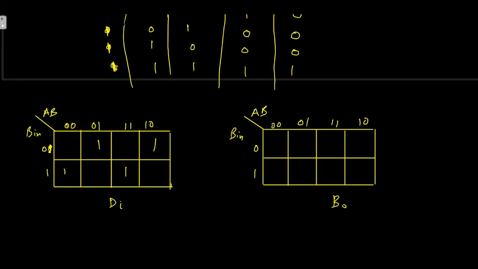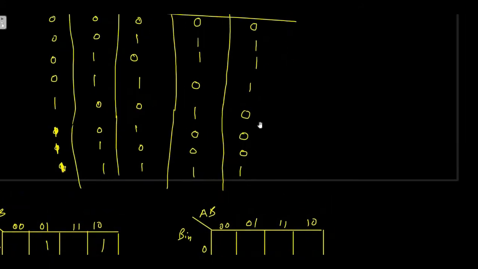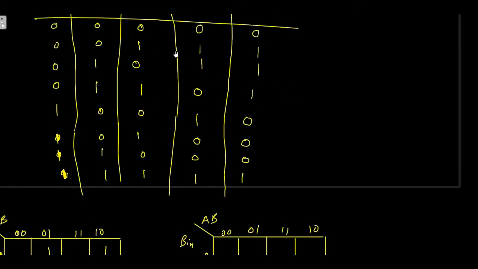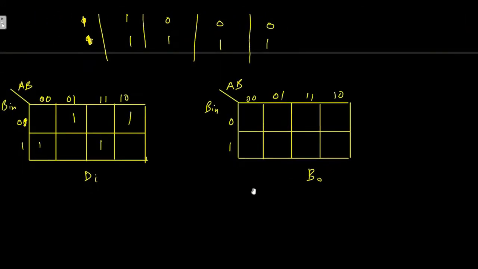Similarly, in case of borrow, we write 1 for the values 0 0 1, 0 1 0, 0 1 1 and the last 1 1 1. Now we take a combination.